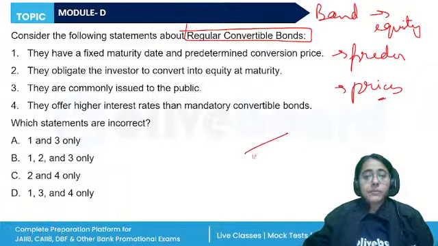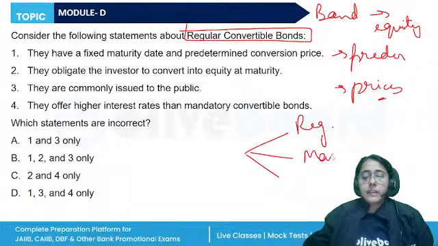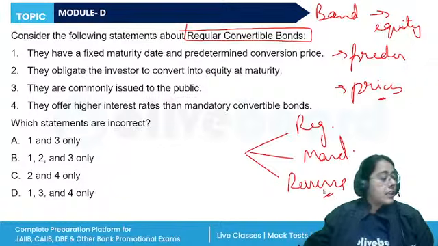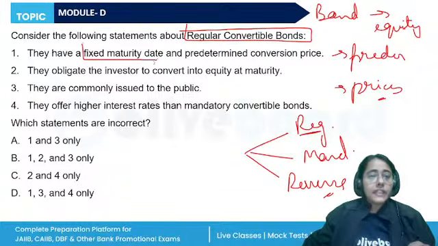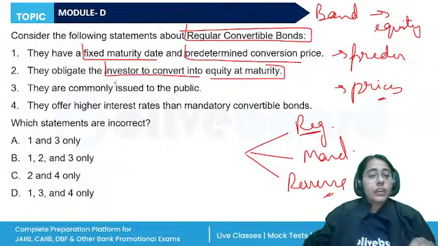There are three types of convertible bonds: regular convertible, mandatory convertible, and reverse convertible. Which of the following statements are correct about regular convertible? They have a fixed maturity date and predetermined conversion price. They obligate the investor to convert into equity at maturity. They are commonly issued to the public. They offer higher interest rates than mandatory convertible bonds.